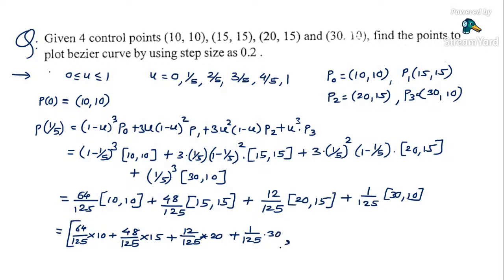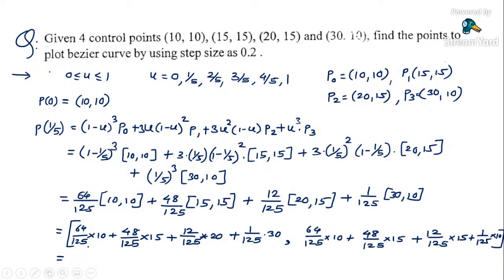Okay, this is the x coordinate. Now what about the y coordinate? 64 by 125 into 10 plus 48 by 125 into 15 plus 12 by 125 into 15 plus 1 by 125 into 10.